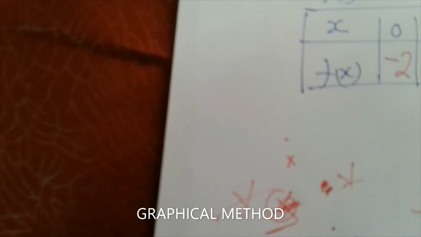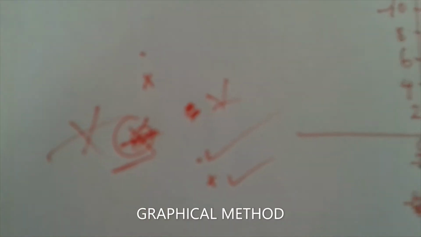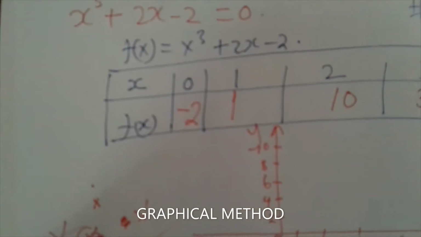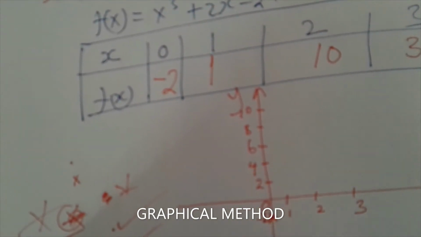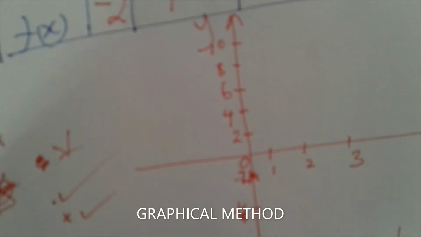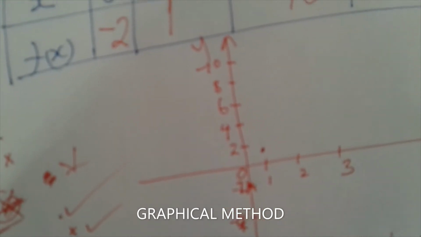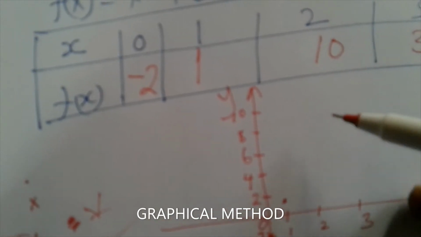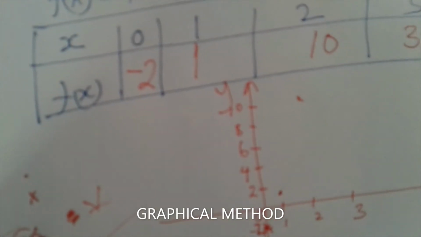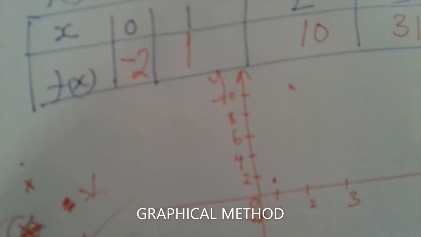We expect either a dot or an x when you are plotting. And clearly 0, -2 can be indicated like that. 1, 1, somehow around there. 2, 10, around there. 3, 31 will be up there.